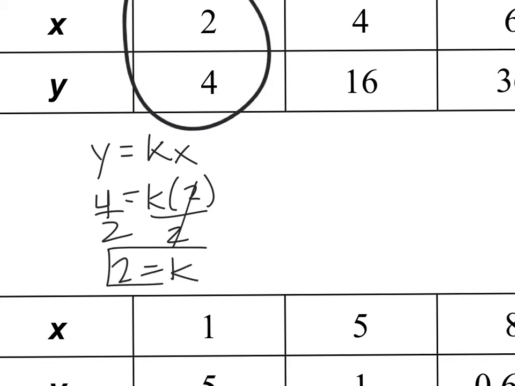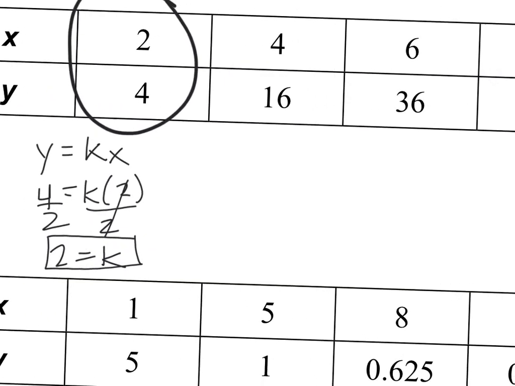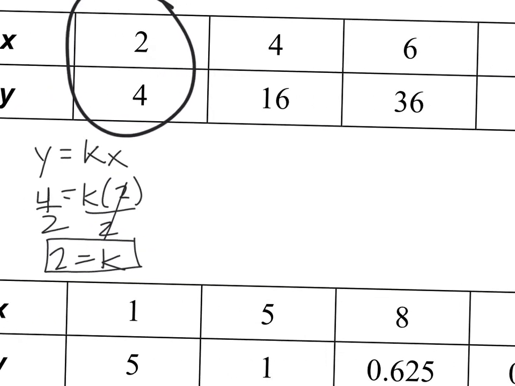So what we have to do is make sure that it exists the same for the other ones. So let's try the next one. Let's see if its constant of proportionality is also 2. So we can plug in the formula again. So y is 16 equals k times x, which is 2.